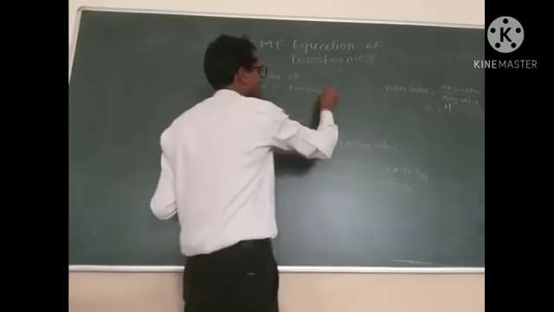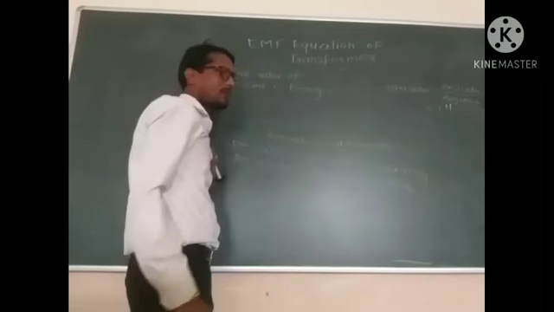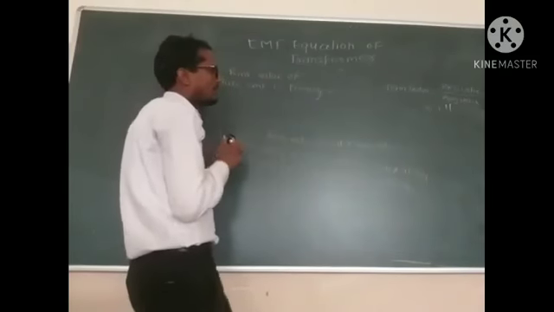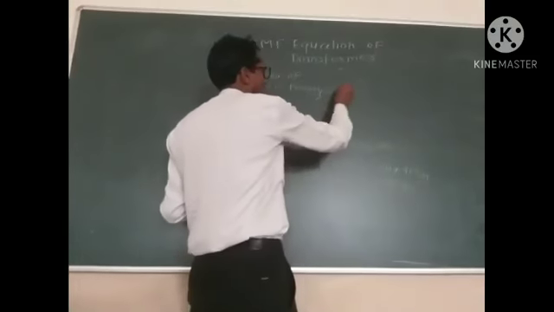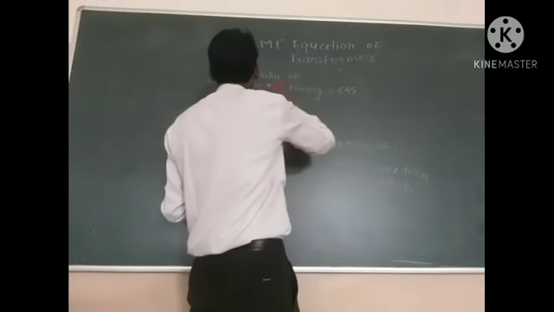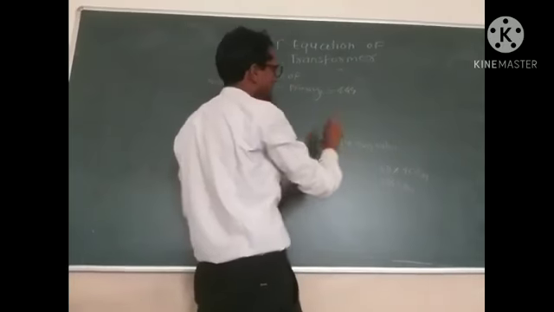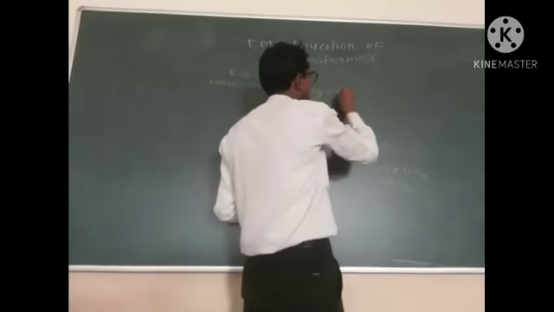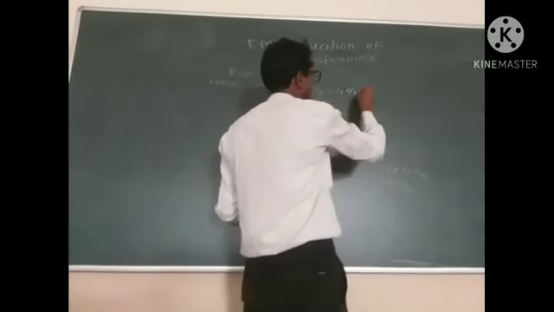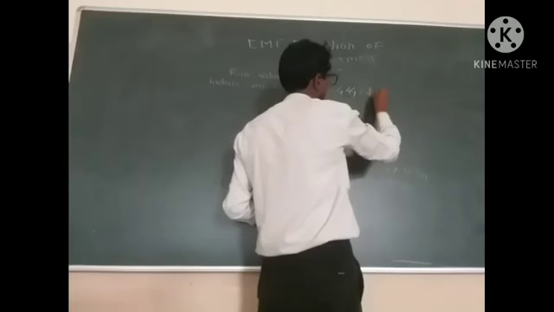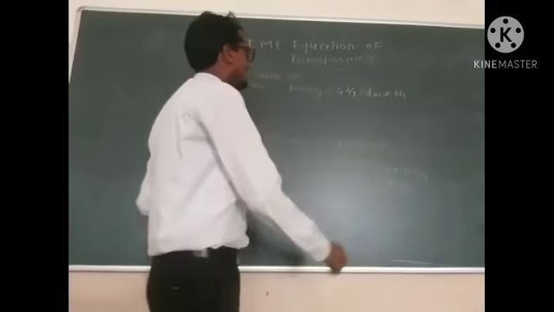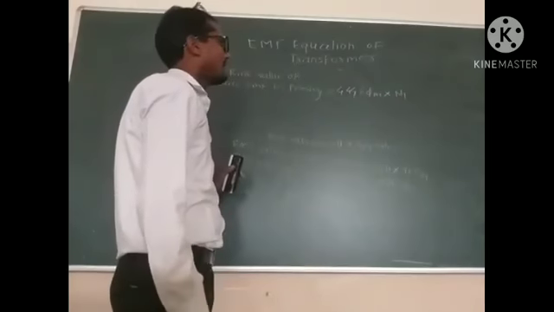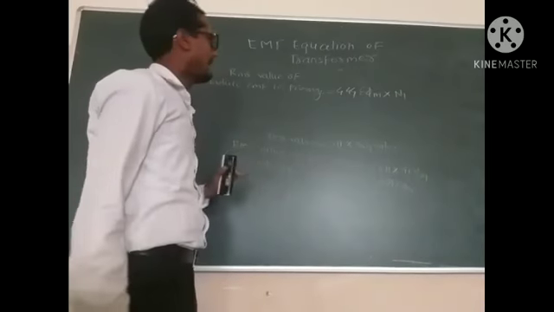We have to multiply by the primary number of turns, that is N1. Then what will we get? 4.44 fφm into N1. Right? 4.44 fφm into N1.